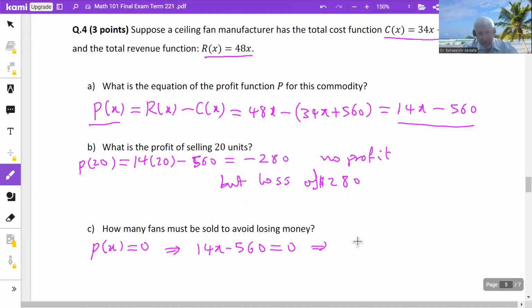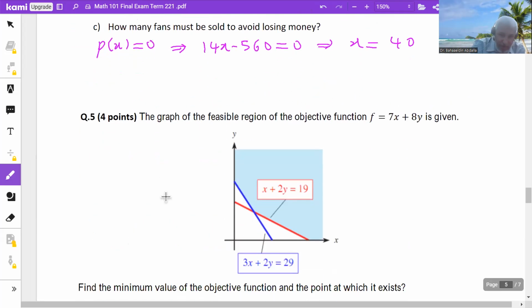So 14x equals 560, or x equals 560 over 14, and that's 40. So 40 fans should be sold. Here at 20 units, we get negative 280. If you sell 40 fans, the profit would be 0 and no losing money. So after that, at 41, you will get a profit.